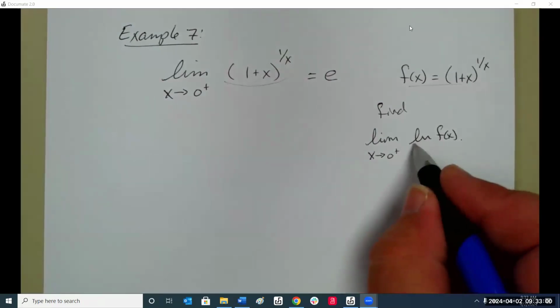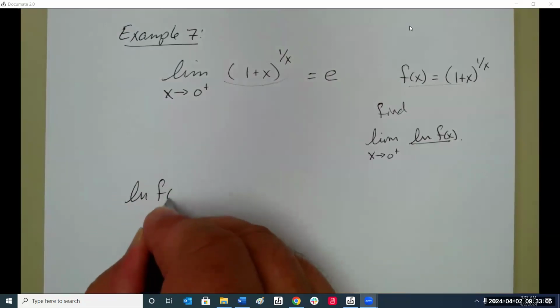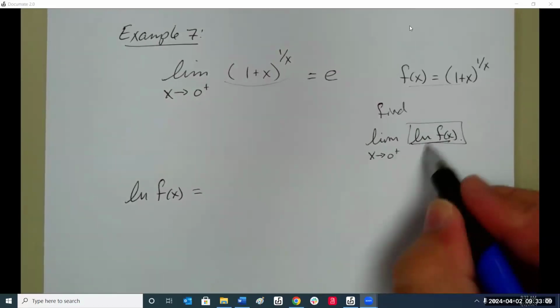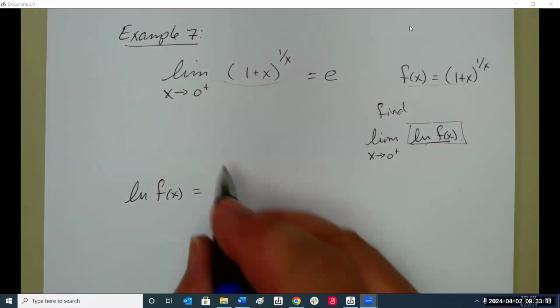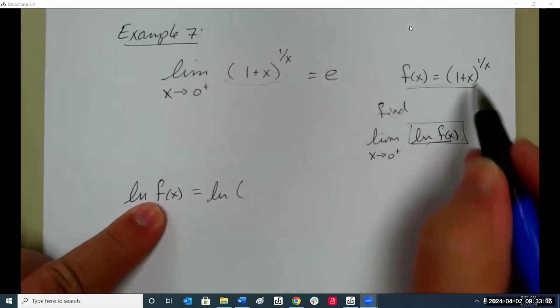So what do we know? Let's look at this. So ln of f of x is equal to what? It is this function here.